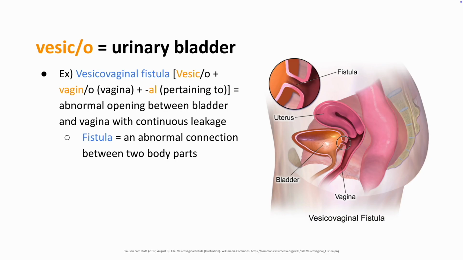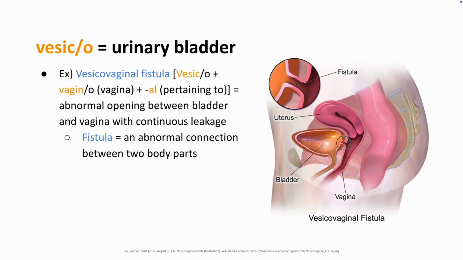For example, here, the bladder should be separate, the vagina should be separate, but there is an abnormal connection between bladder and vagina, so your urine can actually leak through your vagina. That would be one case of fistula. There's also anal fistula, when a new channel is made next to your anus, so your poop is drained to another part. It's kind of weird, but fistula is when a connection is made between two body parts.